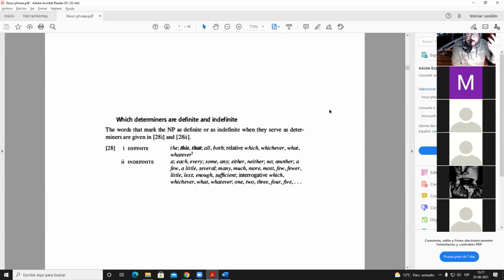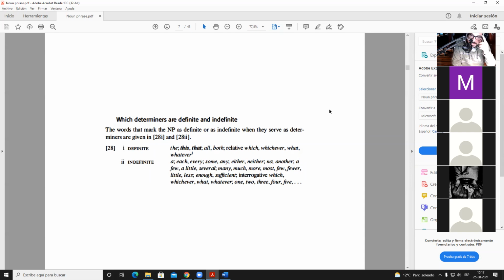So definite, you can say, there's enough context. Those are the examples: the, this, that, all, both, the relative pronouns which, whichever, what, whatever. And indefinite, that is to say, there's not enough context: a, each, every, some, any, either, neither, nor, another, a few, a little, right?